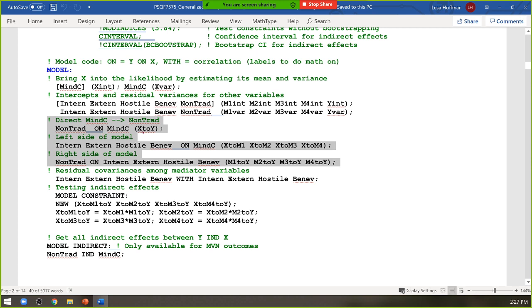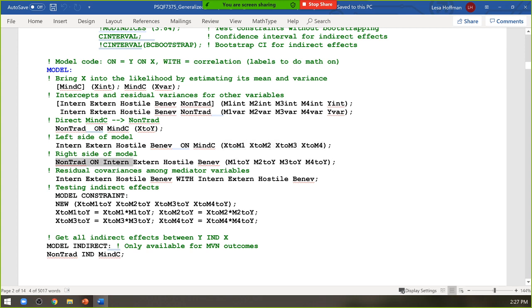That's the C path of the mediation triangle, so to speak. Then we have the left side of the model. This is mindfulness to each of the mediators. The middle set of variables, the M's, that's what's highlighted here, is being predicted by mindfulness. And I have labeled each of those paths, X to M1, 2, 3, and 4.